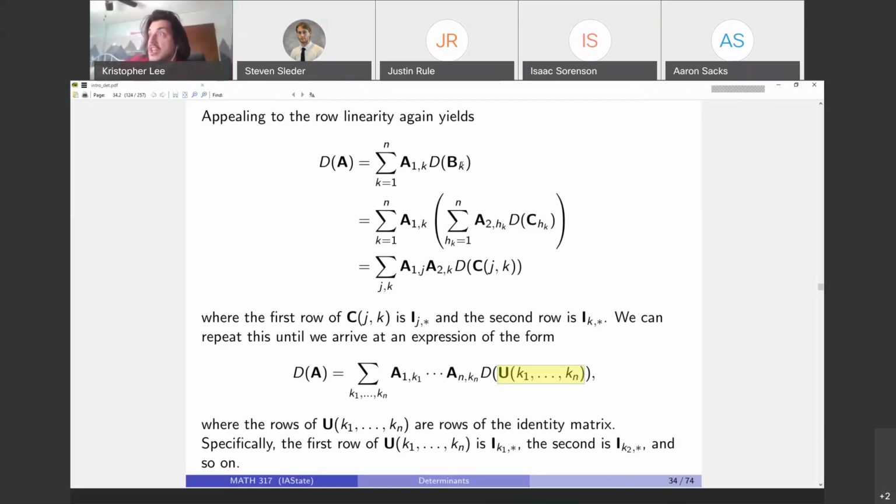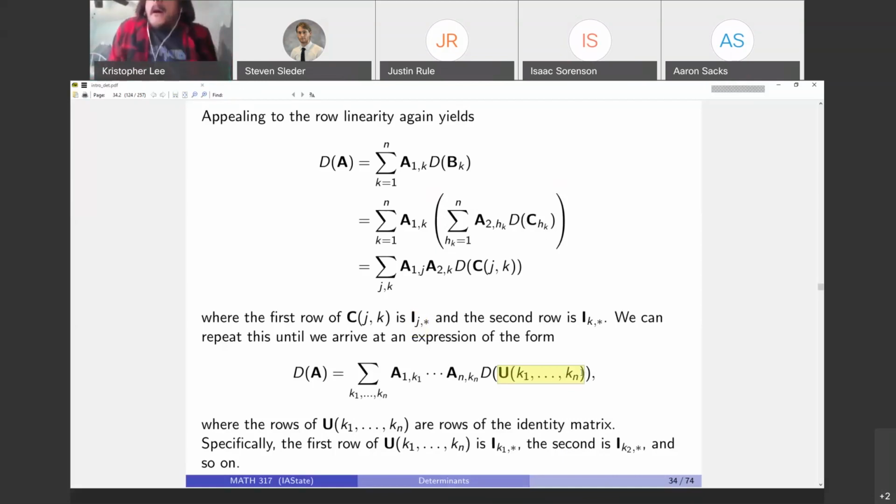For example, B1 has the first row of the identity matrix in its first row, and the C sub h1 here will also have the first row of the identity matrix in its second row. So if you're really dissecting how this is all pulling out, basically what we'll get here is every possible combination of the rows of the identity with repetition. So you're allowed to just repeat rows.